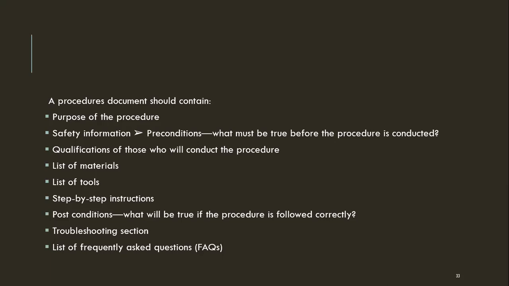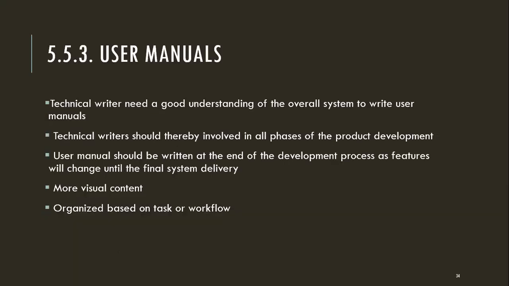And it should specify step-by-step instructions, then the conditions as to what will be true if the procedure is followed correctly and so on. Then there has to be a troubleshooting section. If the machine goes wrong, what and how it can be made right again. Then a list of the frequently asked questions or the FAQs.